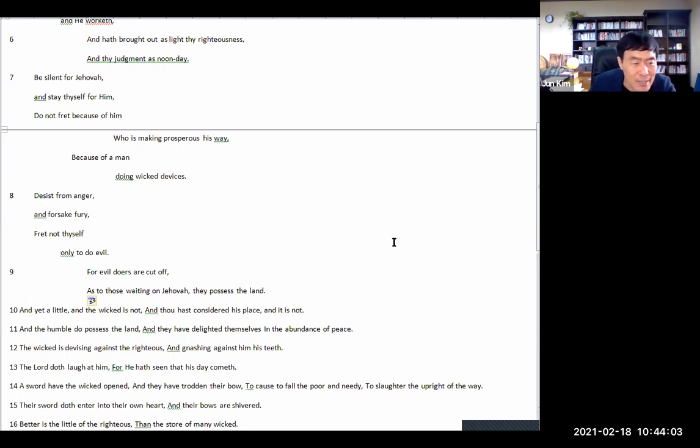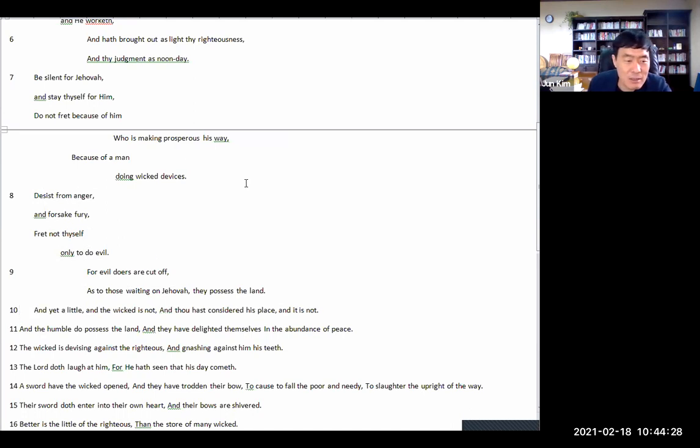What about "and yet a little, and the wicked is not; thou hast considered his place, and it is not"? Do you think this one belongs to the main idea, or still belongs to the second or third of these? How do you think?